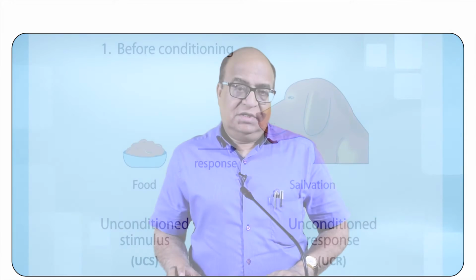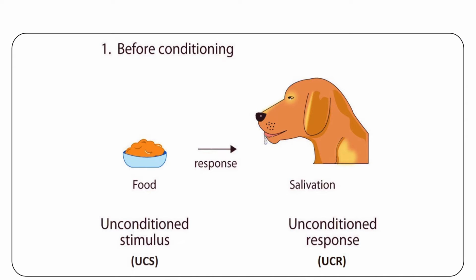There are three stages of classical conditioning. At each stage, the stimulus and the responses are given specific scientific terms. Stage 1, before conditioning. In this stage, the unconditioned stimulus, UCS, provides an unconditioned response, UCR, in an organism.